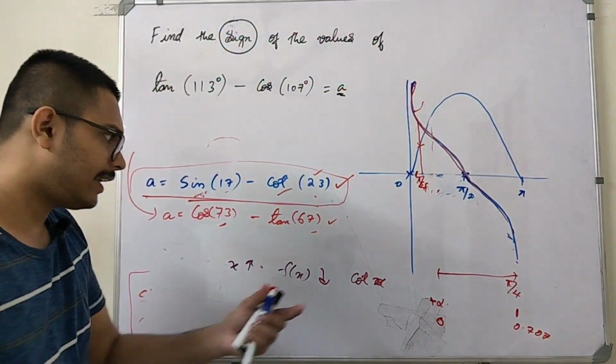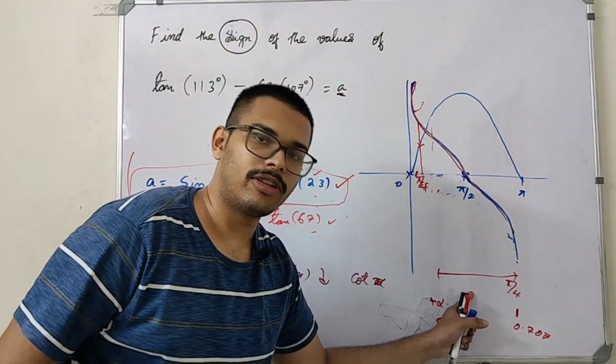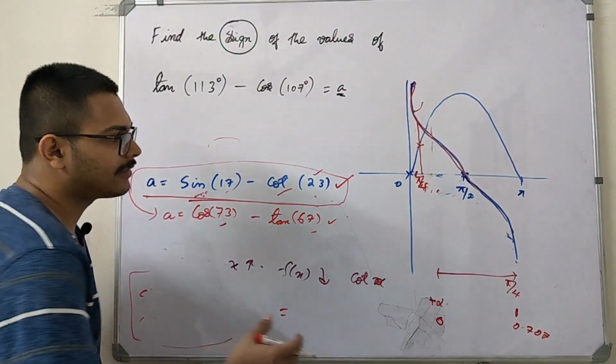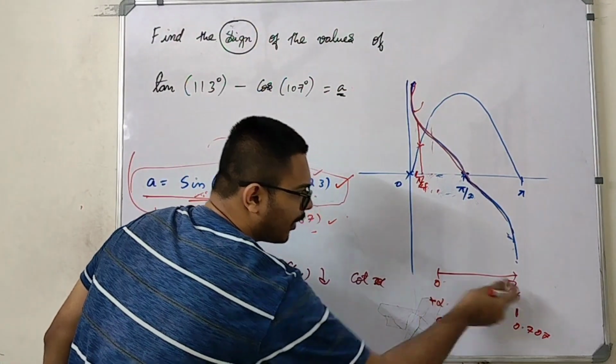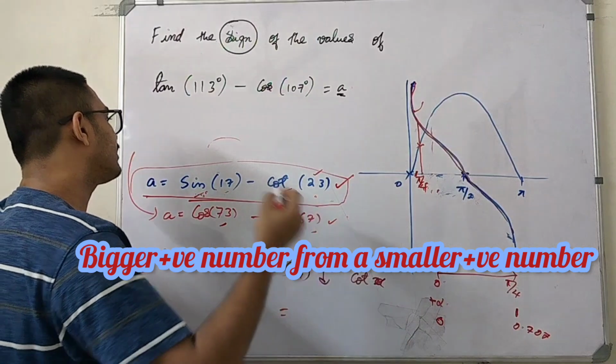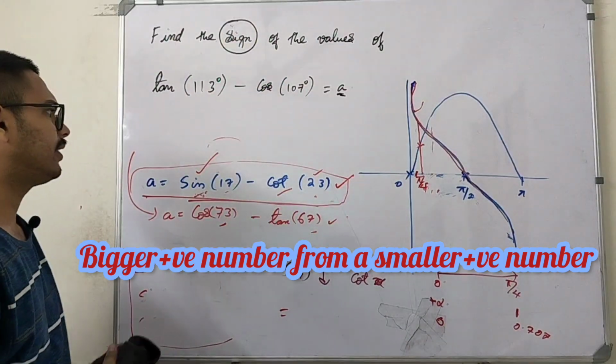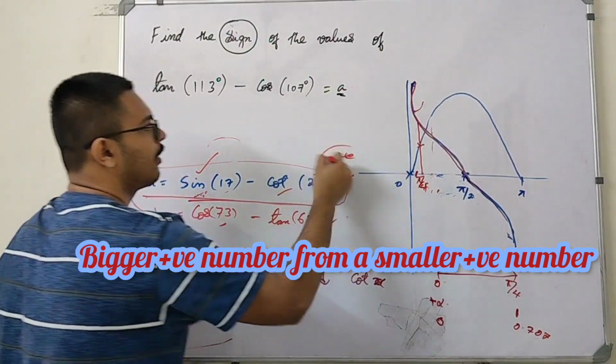So it is clear that in this interval, cot theta is always greater than sine theta, in this interval 0 to pi by 4. Which means here we are subtracting a bigger positive number from a smaller positive number. So it will be negative.